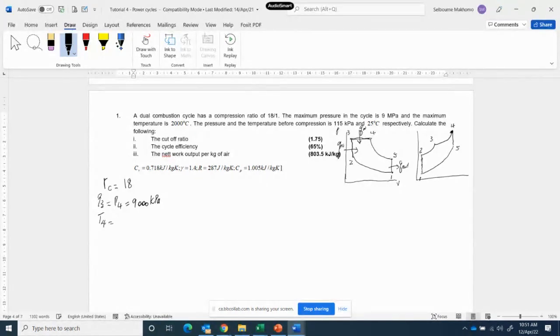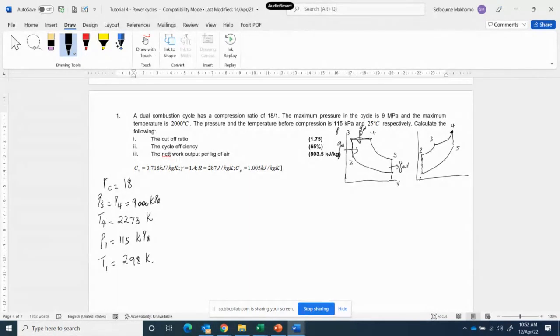T4 is 2,273 Kelvin. And then the pressure and the temperature before compression are 115 and 25 respectively. So P1 is 115 kPa, and the T1 is 298.